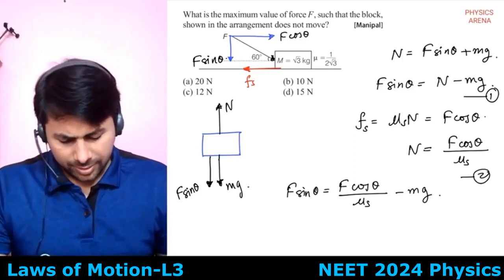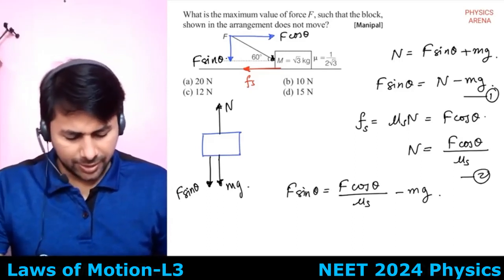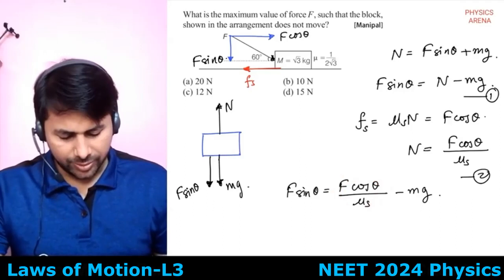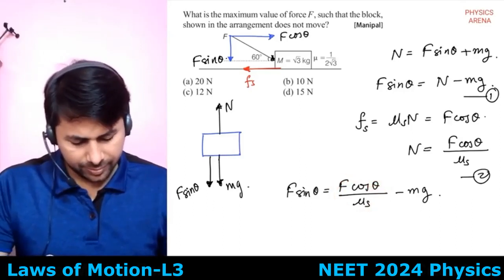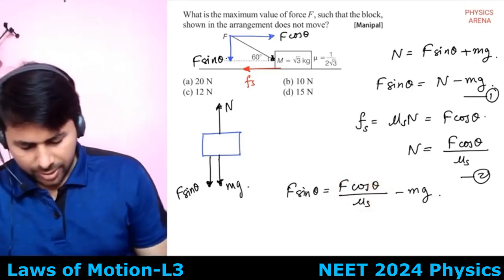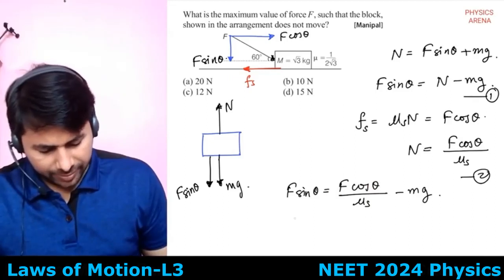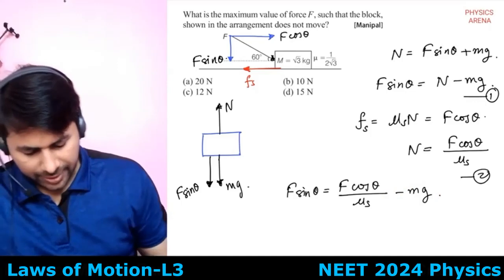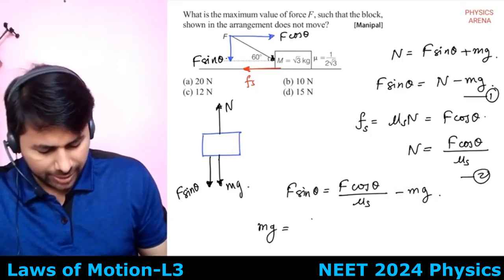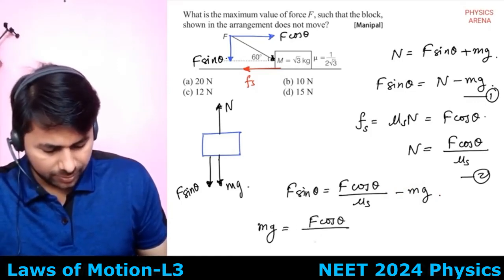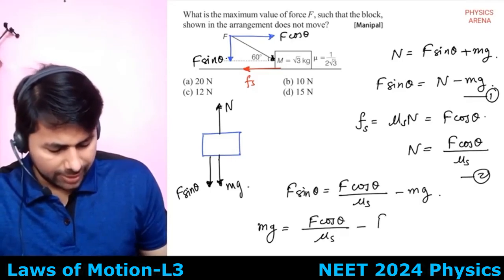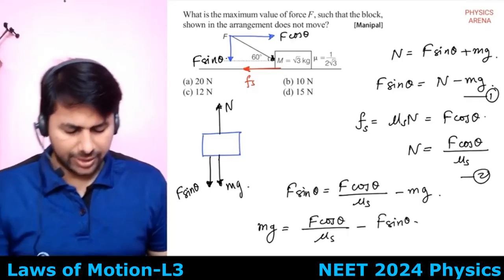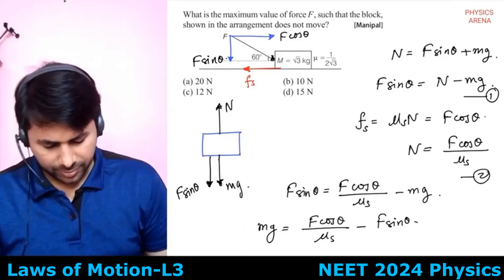Right? So then we can substitute values here, or I can move this thing on other side. So I will get F sine theta. I will move mg on other side. So I get mg is equal to F cos theta upon mu s minus F sine theta.